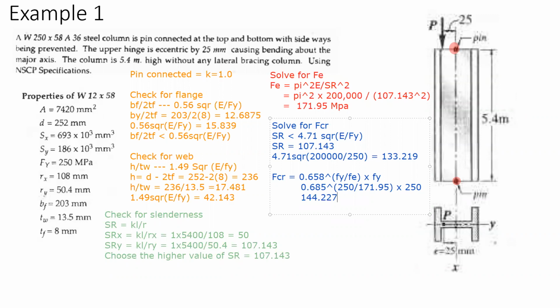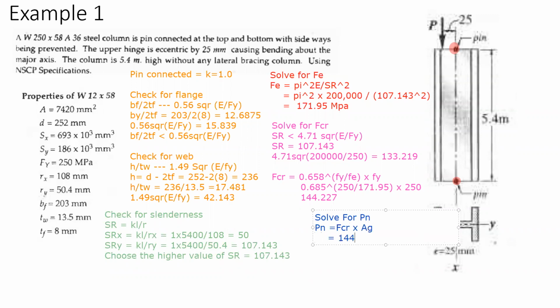Then let's solve for PN. So PN is simply FCR times the area cross.